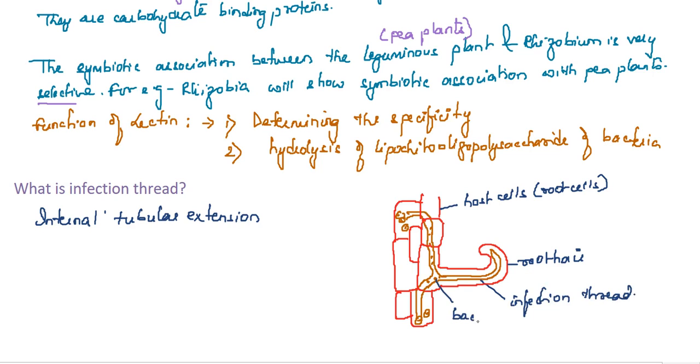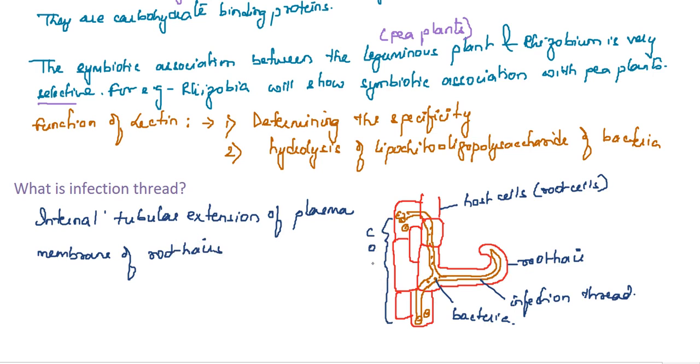So these are tubular extensions of the plasma membrane of root hairs, through which the rhizobium bacteria will enter the cortical region. So this region is the cortex.